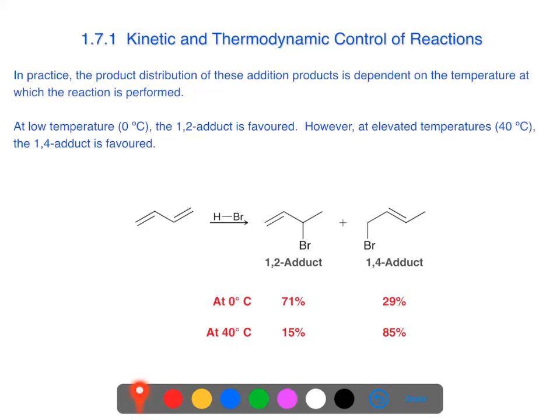That is, the 1,4 addition product becomes the more favored product at those temperatures. So we would call the product distribution which favors the 1,2 adduct as being under kinetic control, whereas the product distribution which favors the formation of the 1,4 adduct as being under thermodynamic control.